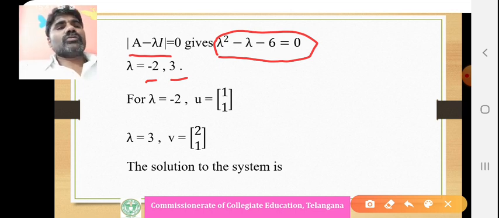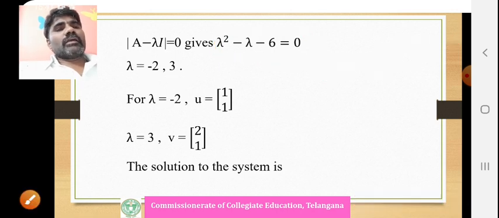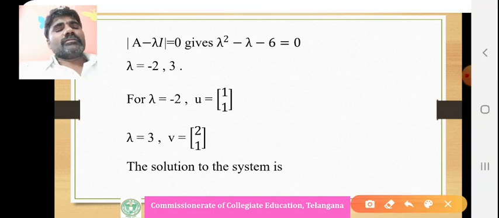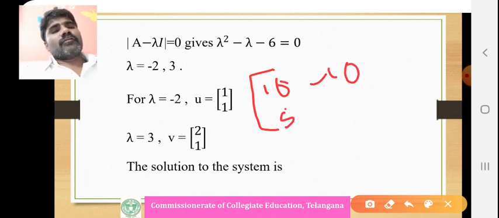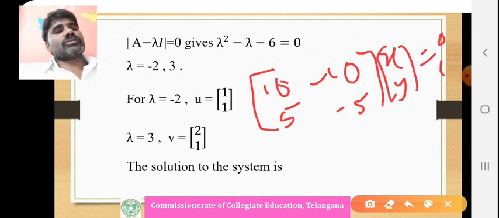For lambda equals minus 2, we have to solve (A plus 2I) x equals 0. Here A is [8 -10; 5 -7], so A plus 2I is [8 plus 2, minus 10; 5, minus 7 plus 2], which is [10 -10; 5 -5], multiplied by [x y] equals [0 0].